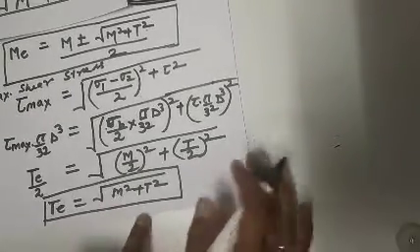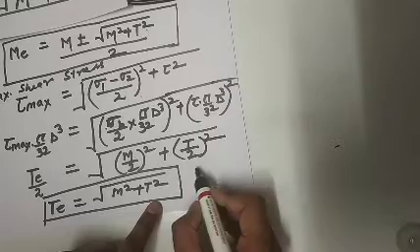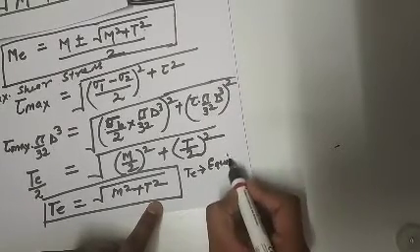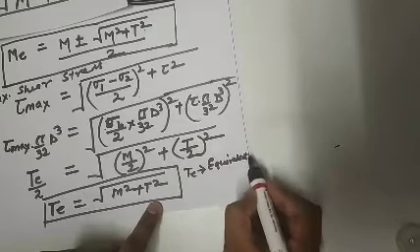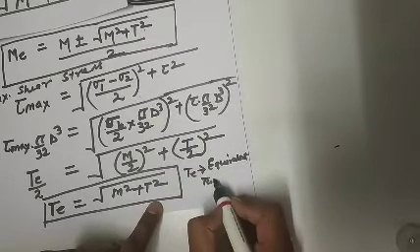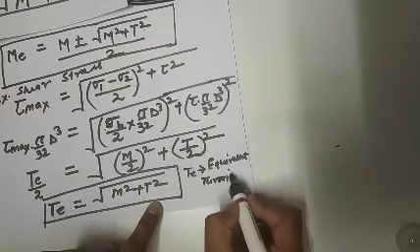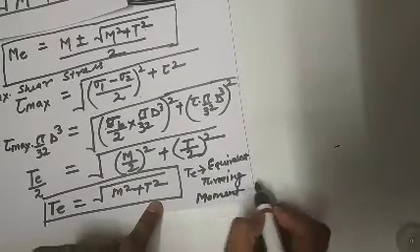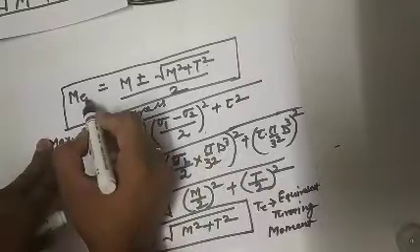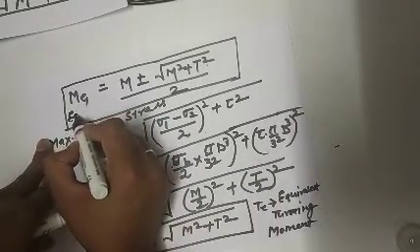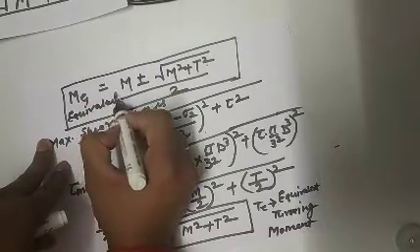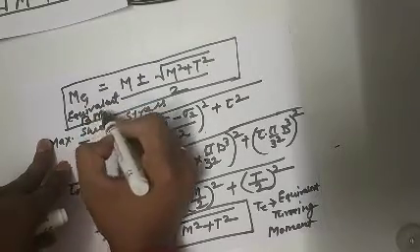Right? What is Te? Te is the equivalent turning moment or twisting moment. And what is Me? Here Me is the equivalent bending moment.